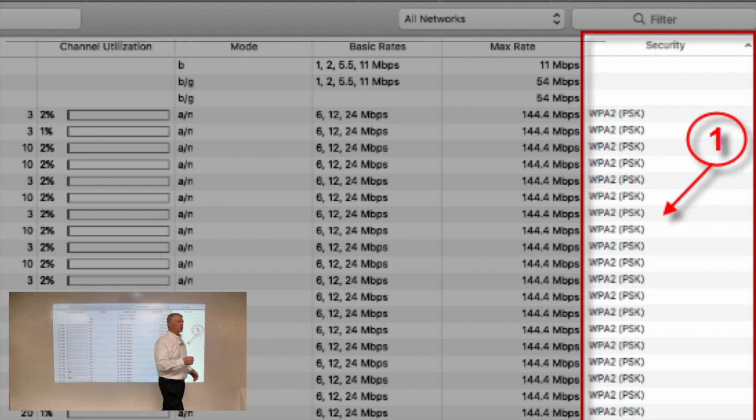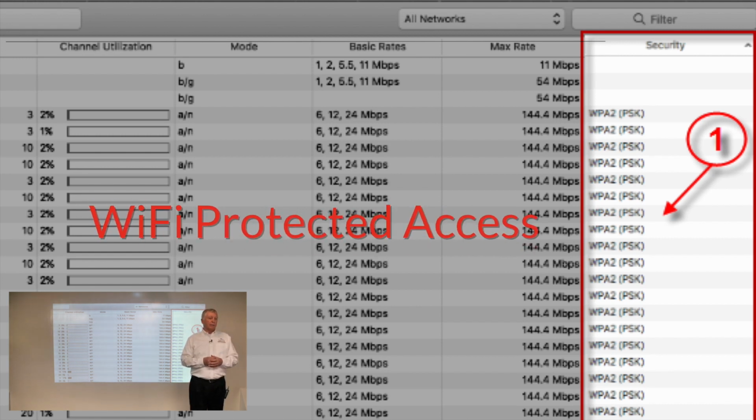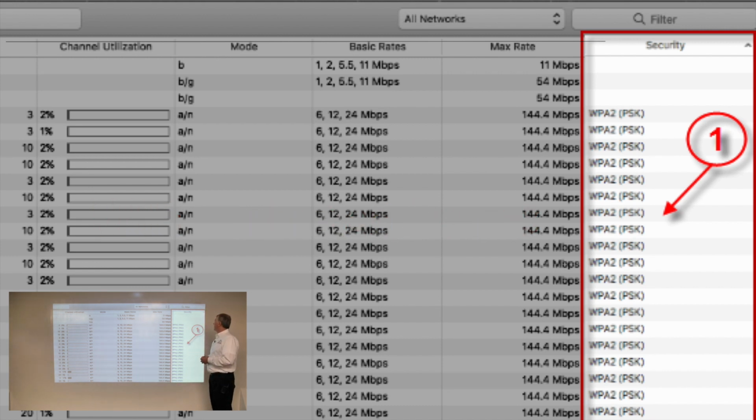The Wi-Fi Alliance called that new certification program Wi-Fi Protected Access, which is WPA.